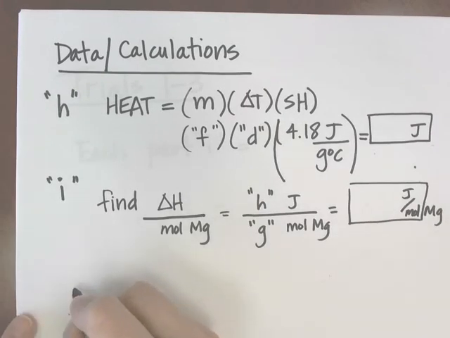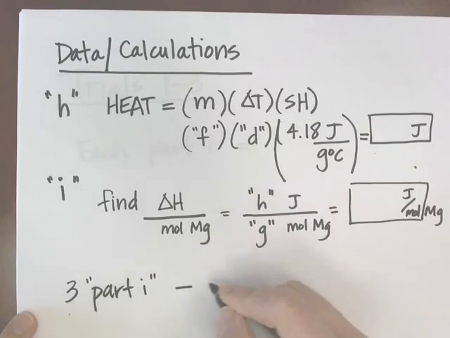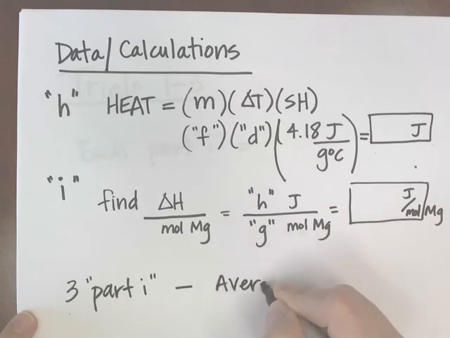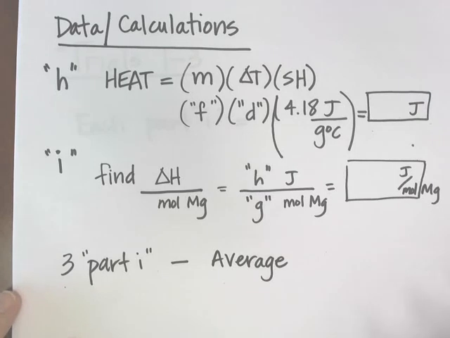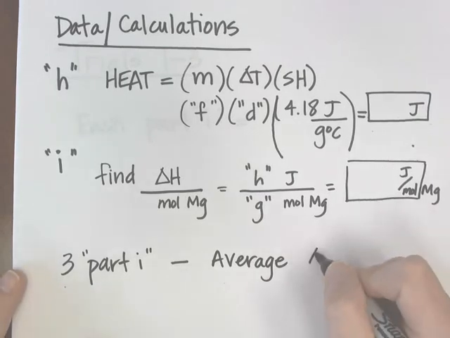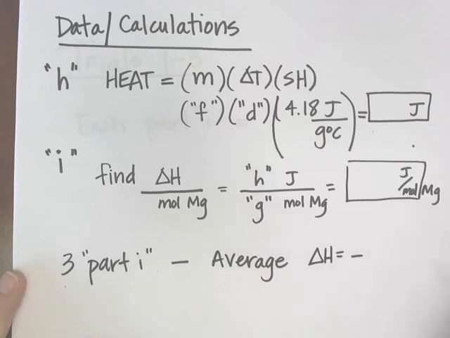Then you're going to take those three values that you find in part I and you're going to average those. That's the last thing that you're asked to do, report an average delta H for the reaction. It's acceptable at this time to go ahead and convert the joules.